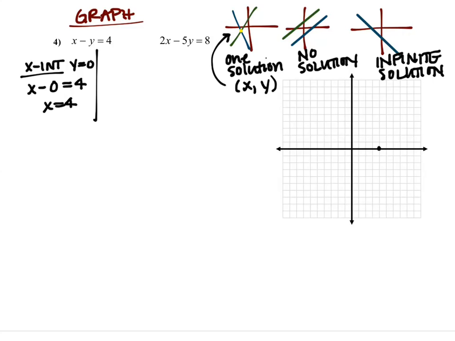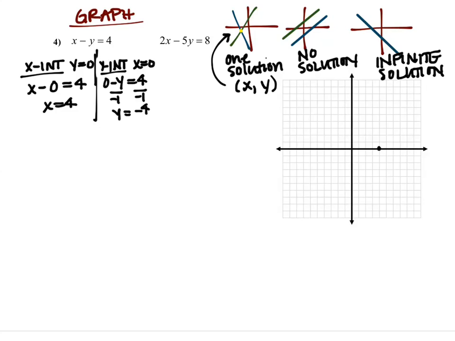The y-intercept is where x is equal to 0. Then I have 0 minus y is equal to 4, which if I divide by -1, I get y is equal to -4.